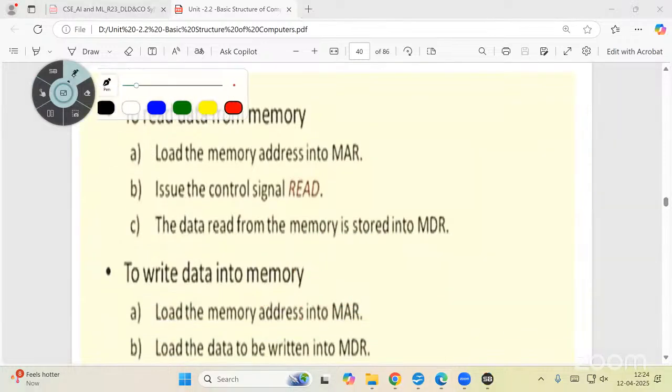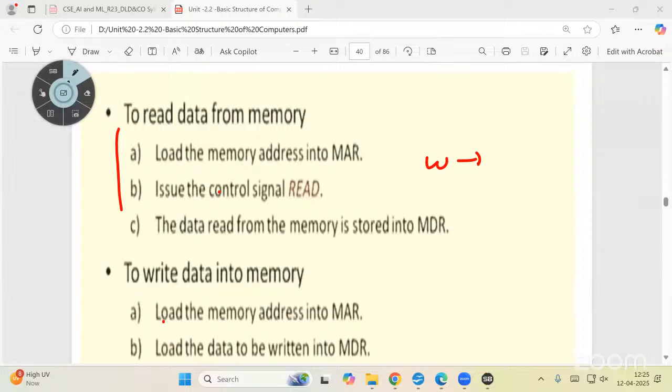So first load the memory address, then perform the read operation, and after reading, the data is loaded into the MDR. That is the memory read. To read, what do we need? We need to identify the location we need to read from.